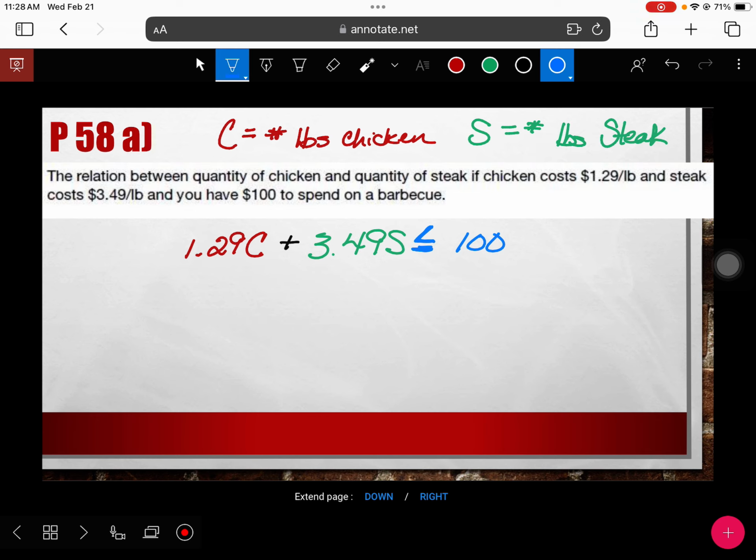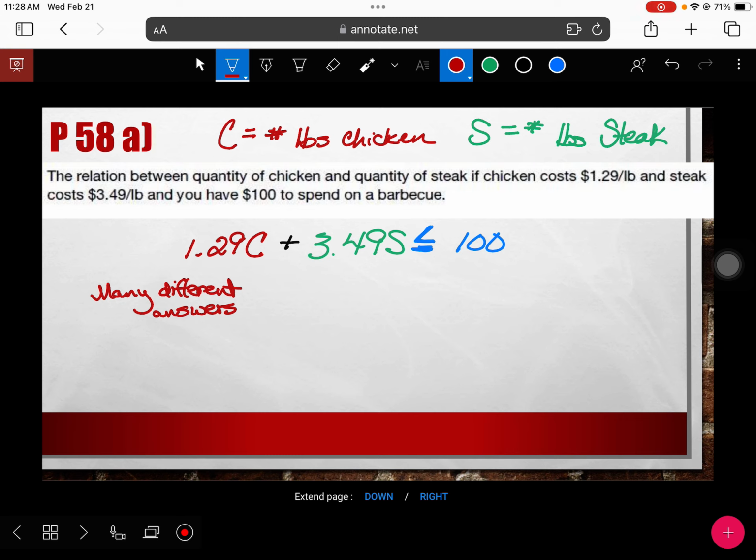Do you even have to buy it per pound? Do your pounds have to be whole numbers? If you go to the deli and say, can I get half a pound of ham? You're not ordering a whole pound, right? So here, there could be many, many different answers, because maybe we let the amount of chicken we get be 1 pound.